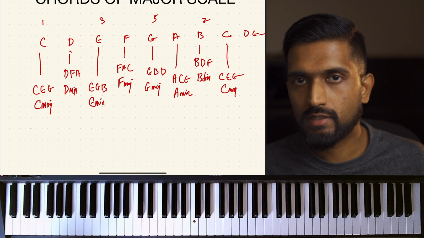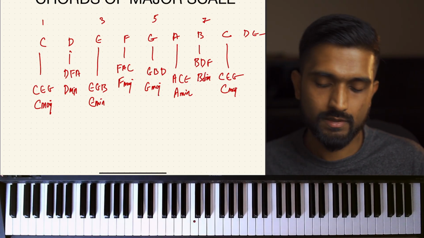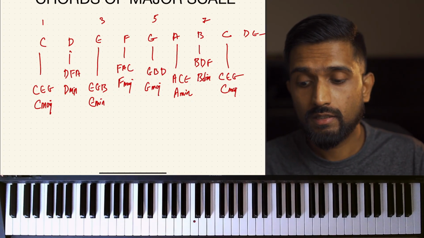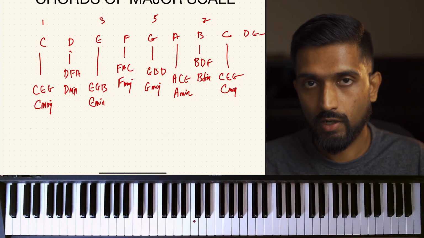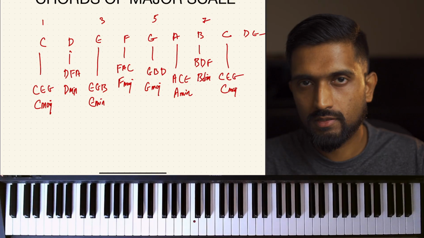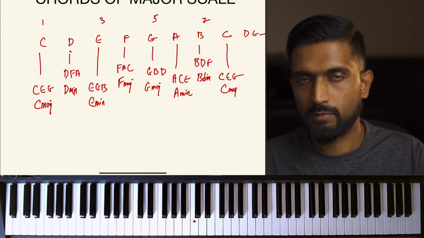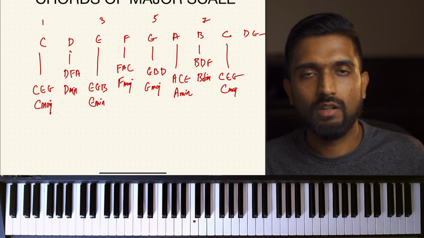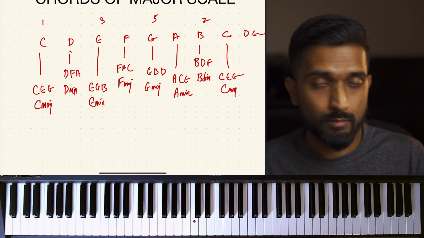Regardless of which major scale you make, the same thing applies. Now, the first, fourth, and fifth chords are also called primary chords, because usually when a song is written in the key of C, in a specific scale, these 3 chords tend to be used a lot, right? So that's why they're called primary chords.